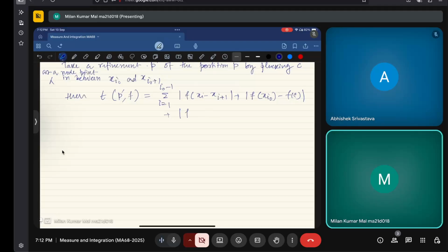Plus |f(c) − f(x_i0+1)| plus the summation from i = i0 + 1 to n of |f(xi) − f(xi−1)|. Okay, I hope I have written it correctly.